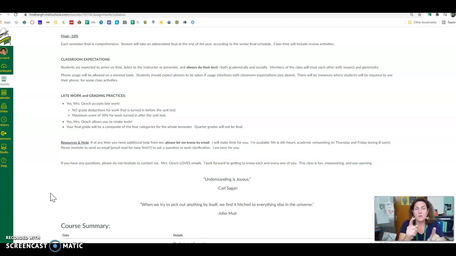SIS and Canvas. So if you want to check on your students' grade and their progress, we have two systems that work in concert with one another and link to one another, but they kind of have different purposes.